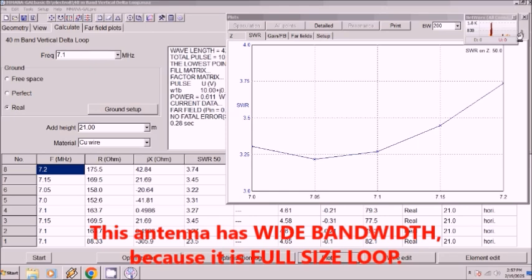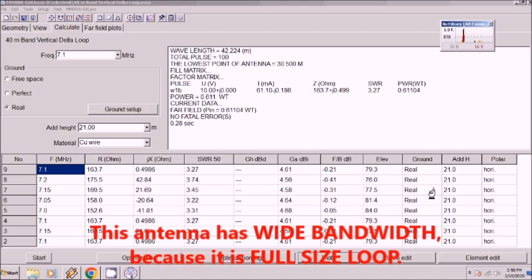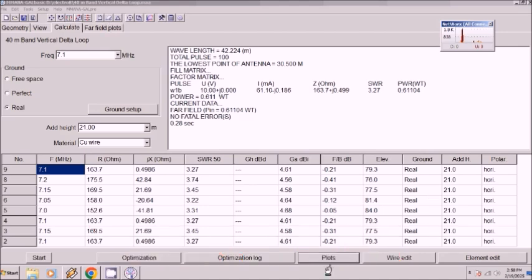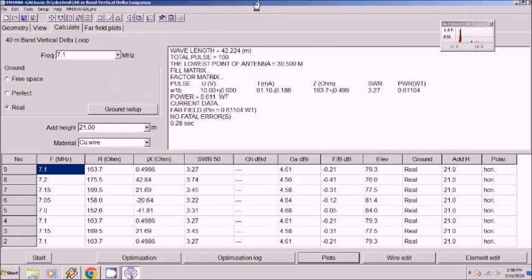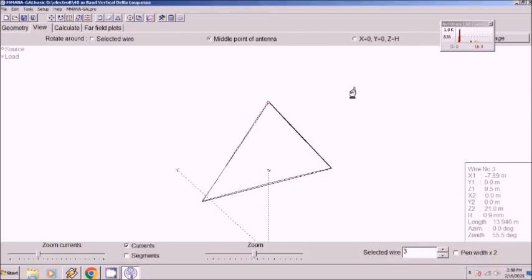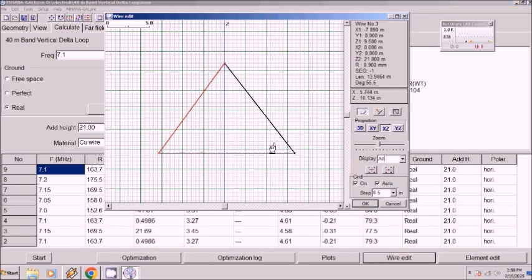But remember, in realization of this antenna, for example, this is the dimension of each wire.